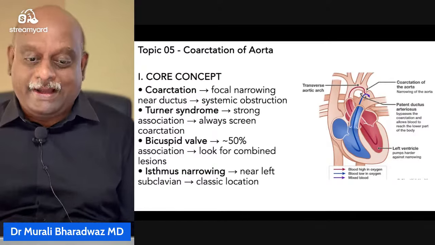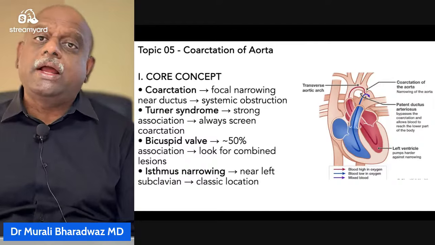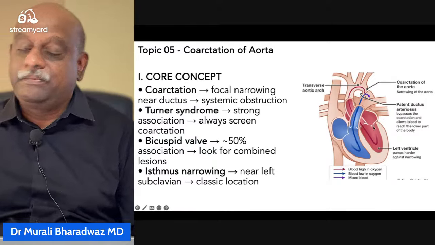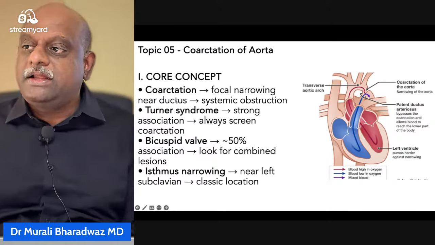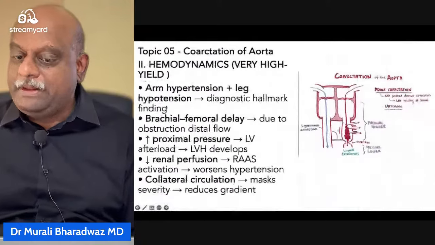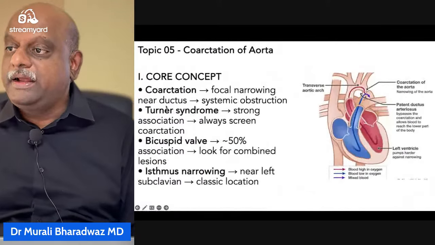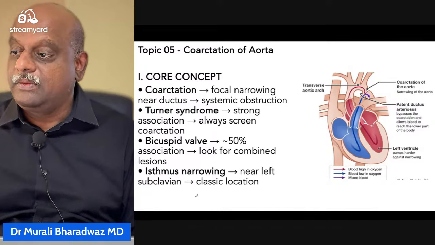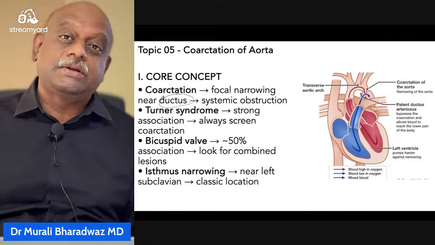Coarctation of aorta. So coarctation, as you know, is the narrowing of the aorta. Where does that happen? It typically happens near the ductus.